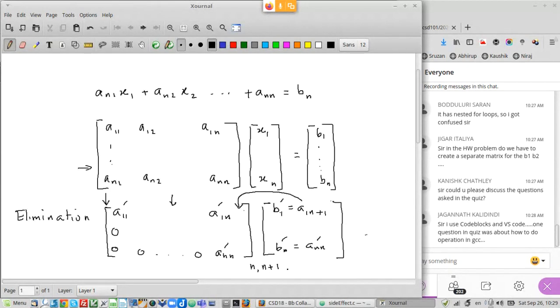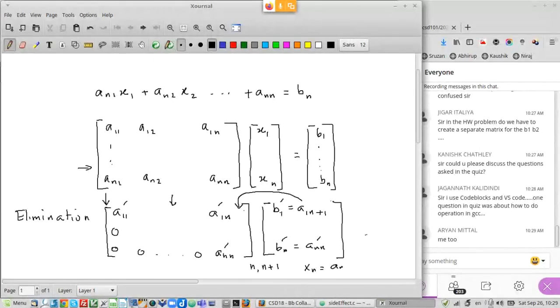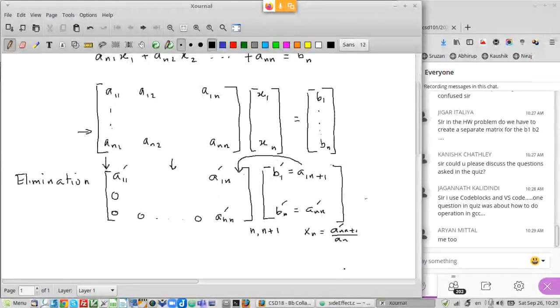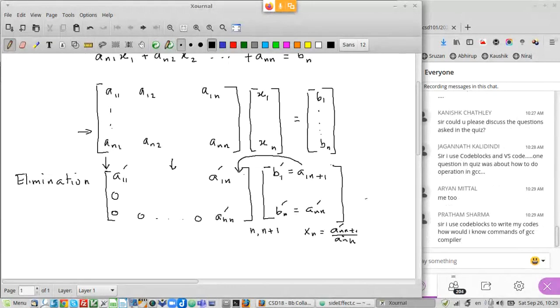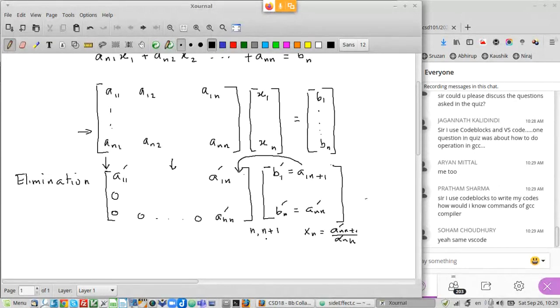So xn is going to be just an plus 1 prime, which is nothing but bn prime, divided by an n prime. So you have got xn.